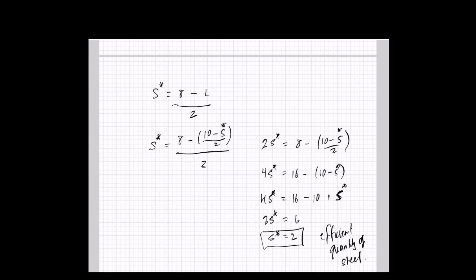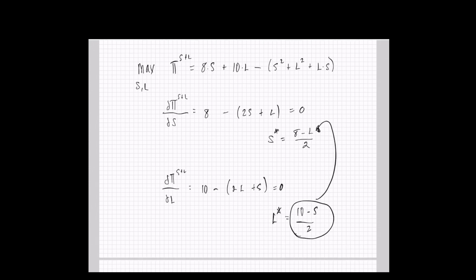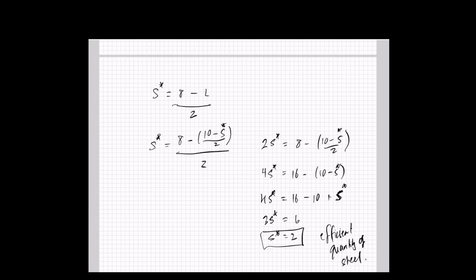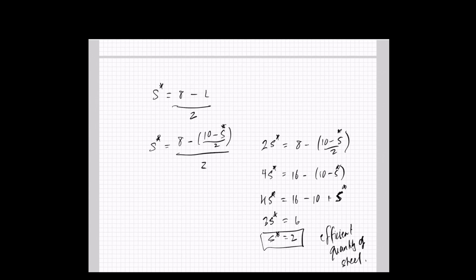All right, and then to figure out laundry, if you go back here, L star is 10 minus S over 2. So L star equals 10 minus S over 2. L star equals 10 minus 2 over 2. L star equals 4.